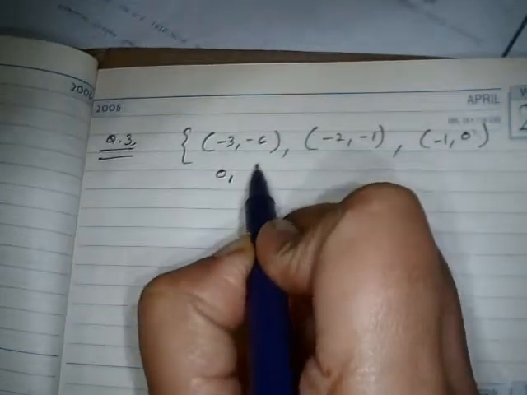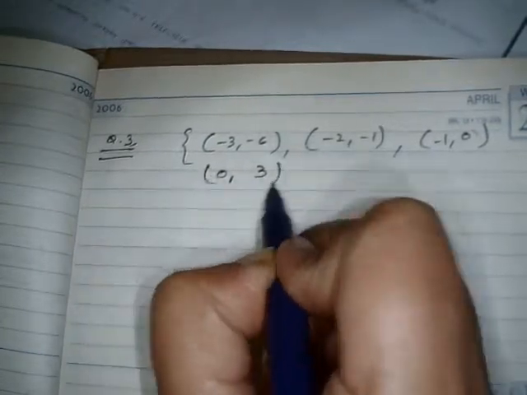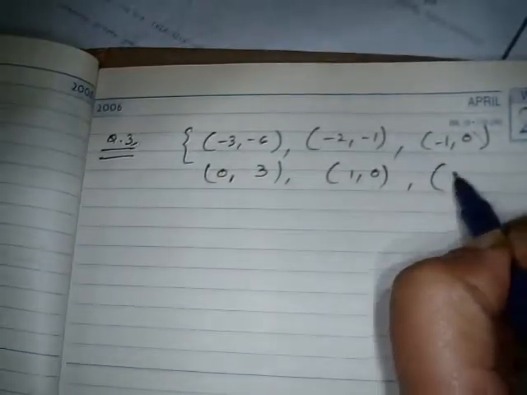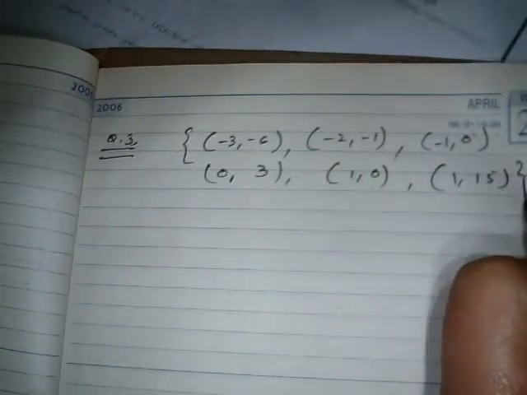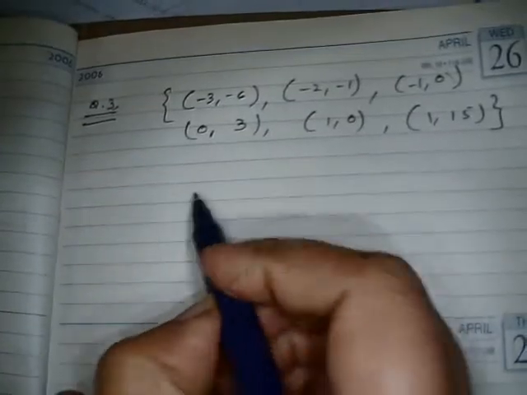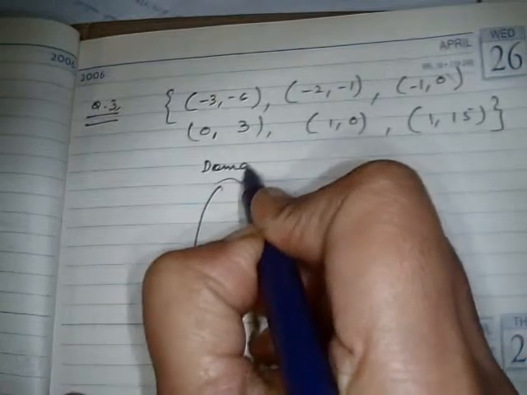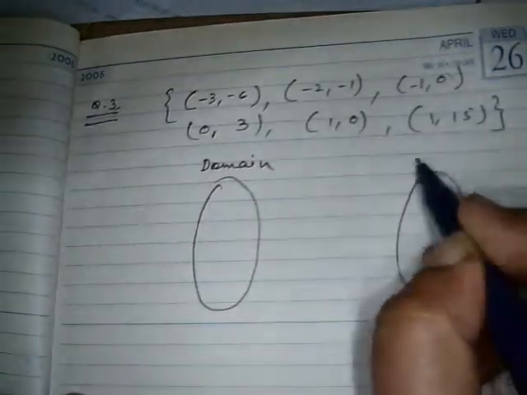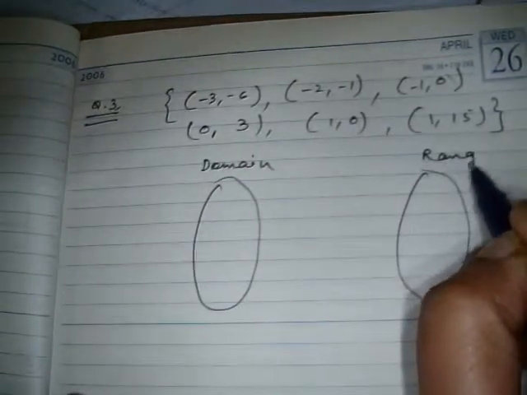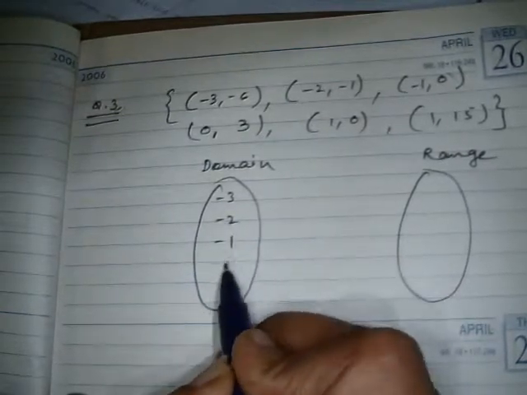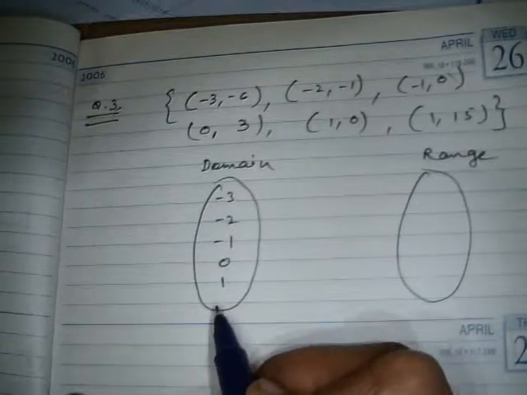This is an important one, and this is going to be our domain and this is going to be the range. -3, -2, -1, 0, 1, and this is containing -6, -1, 0, 3, 0 two times, so 15.